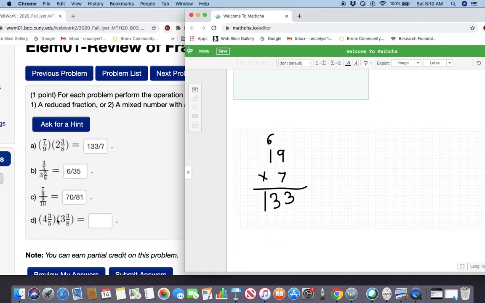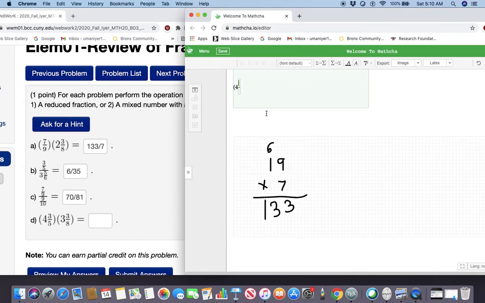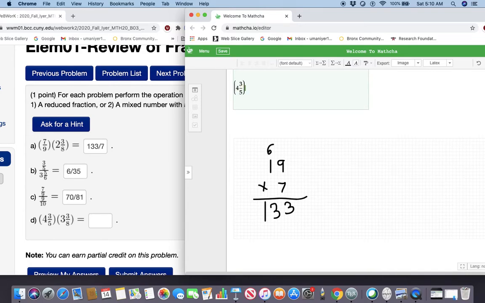Here is a mixed number times a mixed number. 4 and the fractional part is 3/5, times 3 and the fractional part is 3/8. There is no symbol in between, so it's a multiplication. Let's first convert these to improper fractions.